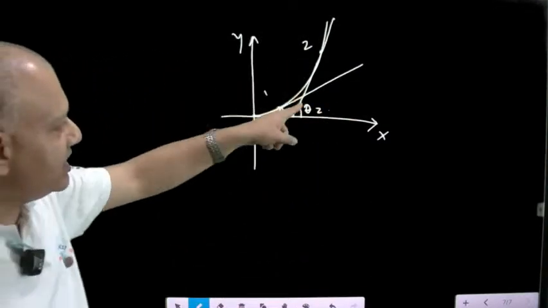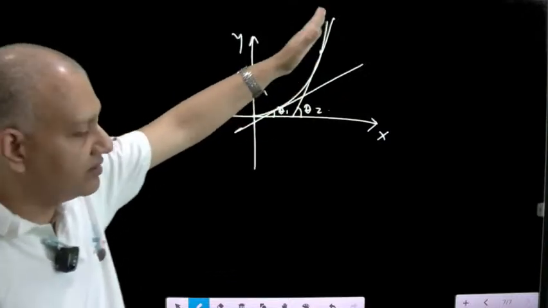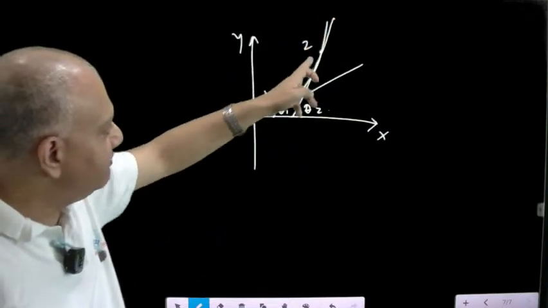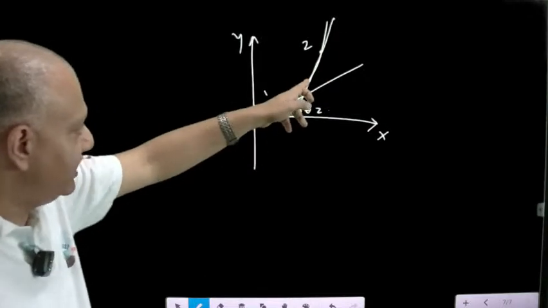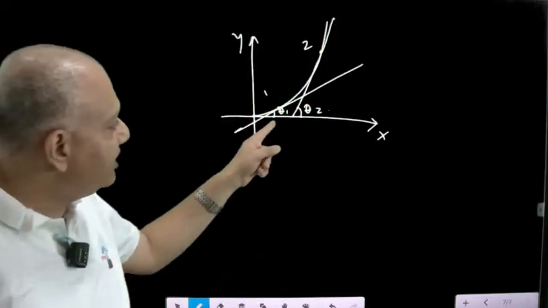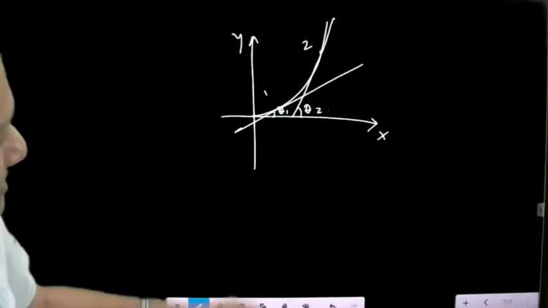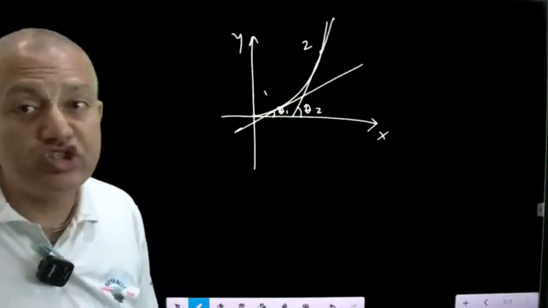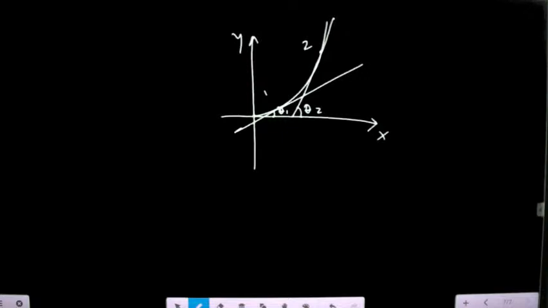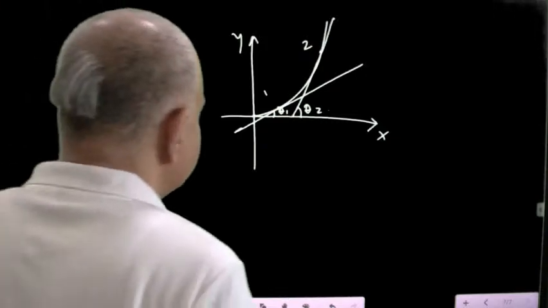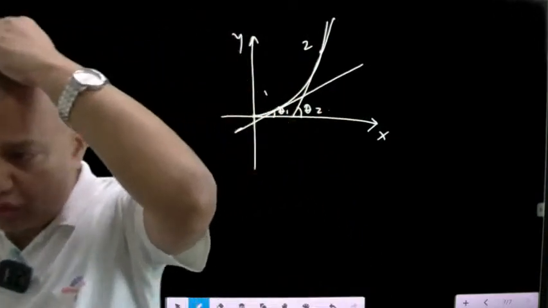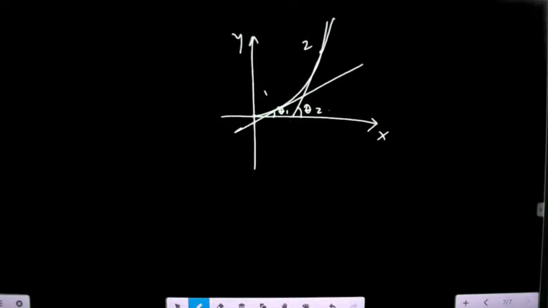At each and every point on this curve, if I develop different tangents, I can have different slopes, because all the angles theta 1, theta 2 are going to change. So it is a variable slope graph. The slope is changing here. I think children, you are understanding.